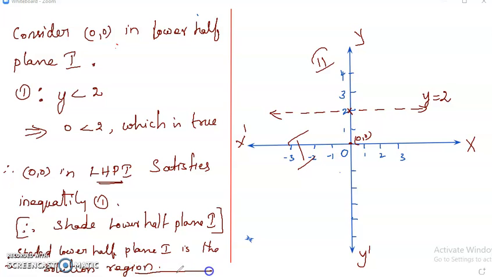That's all. So you have to shade it before confirming that. You are going to shade, but the line is not included.